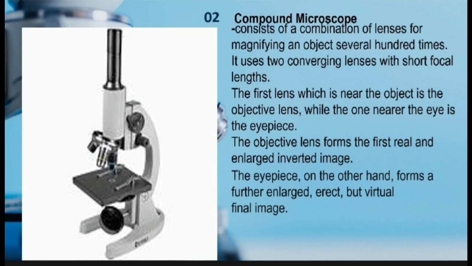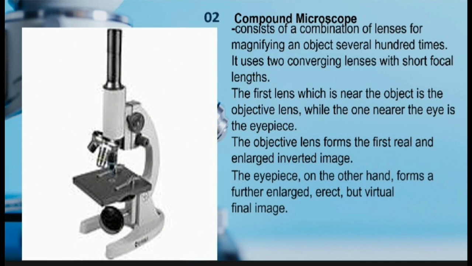It uses two converging lenses with short focal lengths. The first lens, which is near the object, is the objective lens, while the one near the eye is the eyepiece. The objective lens forms the first real, enlarged, inverted image. However, the eyepiece forms a farther enlarged, erect, but this time virtual, final image.